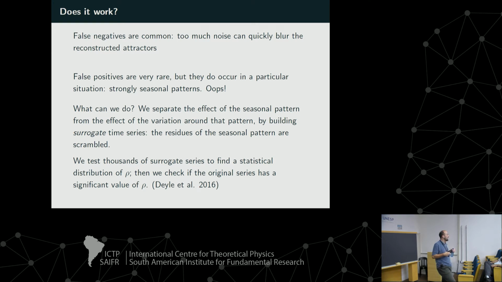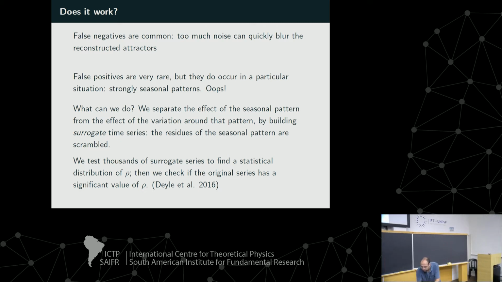Then everything in your system becomes periodic, and it's like the seasonal pattern by itself is driving your system. Then you don't know anymore if what is driving your system is just seasonality in a general way, or if it's really temperature or rainfall or something else. So it's hard to distinguish between them. Here things become a lot more technical, so I'm not going to go into too much detail.